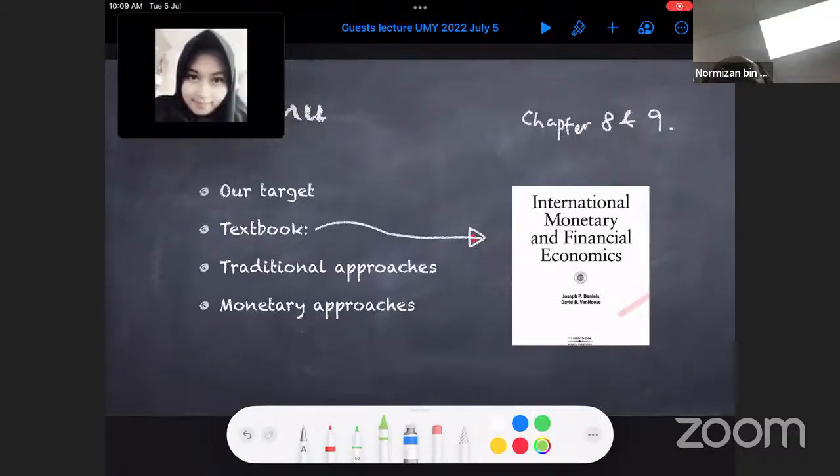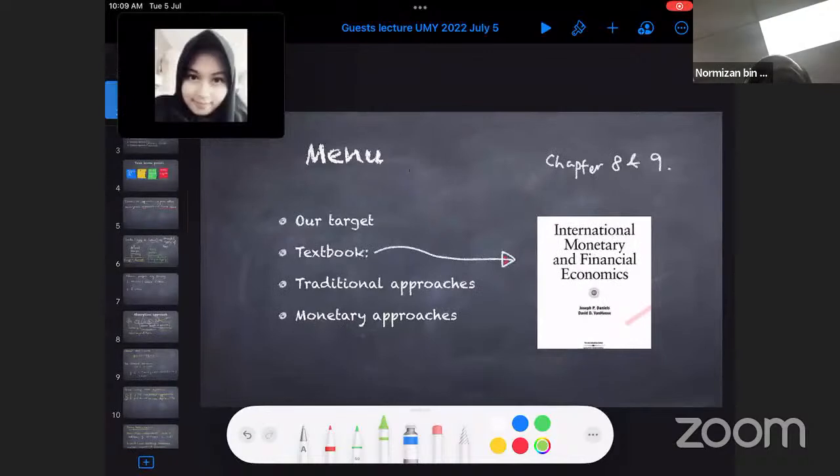For example, Krugman's textbook and Caves' textbook that we use in international economics do not have a specific chapter for the traditional approach and monetary approach. But this textbook has a specific chapter for these approaches, so I suggest this textbook for you.